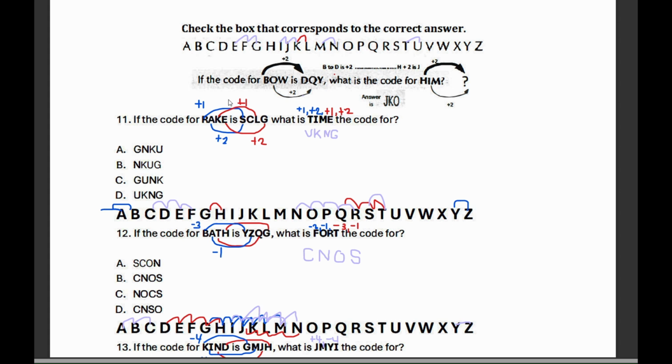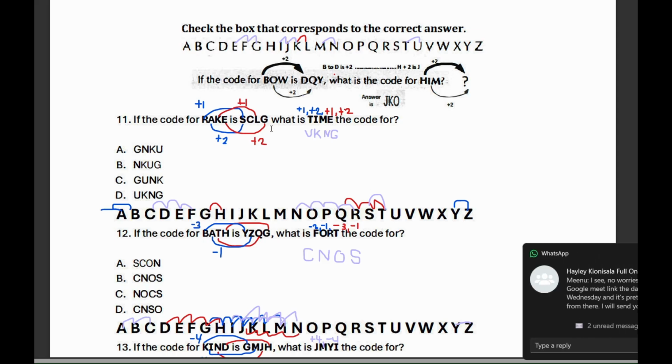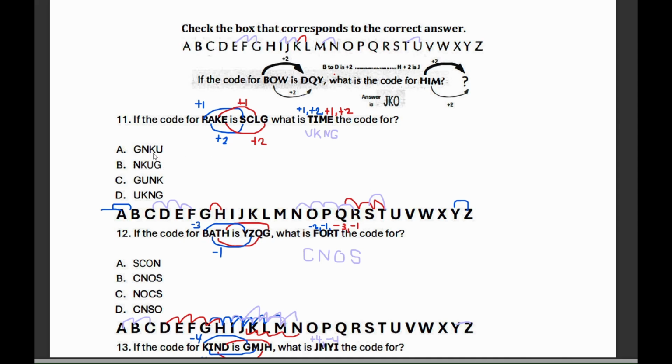Number 11. Codes. If rake is to SCGL, what is the code for time? Your options are A, GNKU, B, NKUG, C, GUNK, D, UKNG.